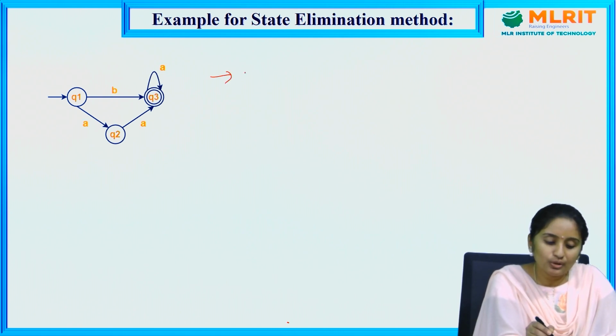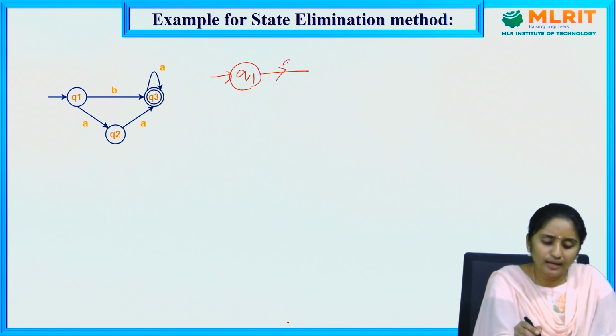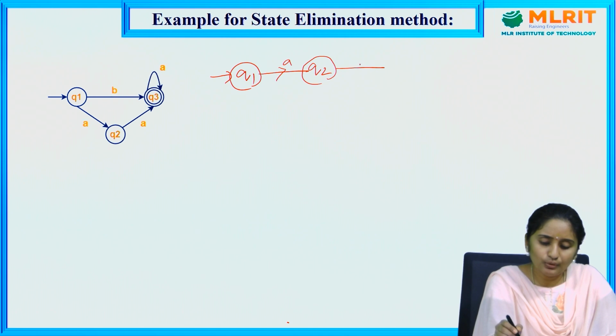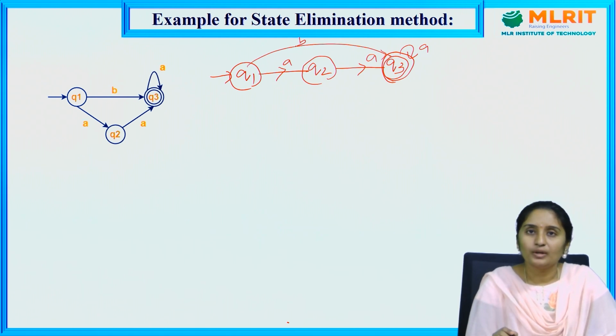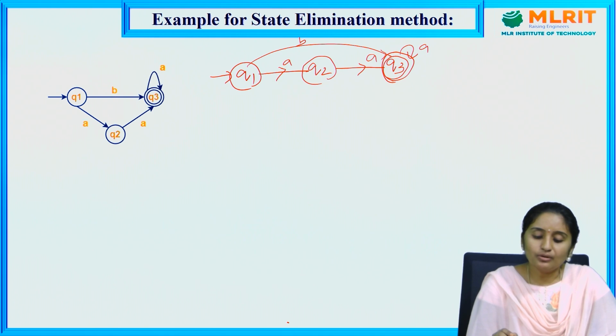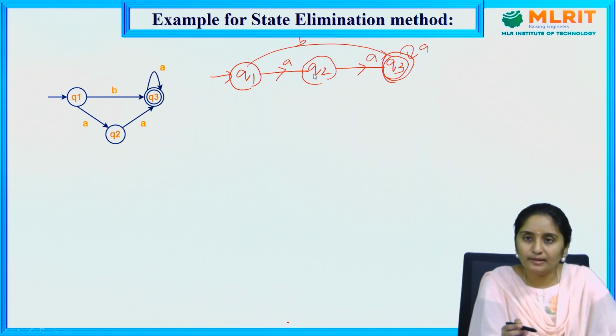Let me draw this diagram in a different way. Q1 to A, Q2. Next Q2 to A, Q3. Q3 is our final state and it has A. Q1 to Q2 is A, and Q2 to Q3 is A. Q1 to Q3 is B. So now we need to eliminate the intermediate states.